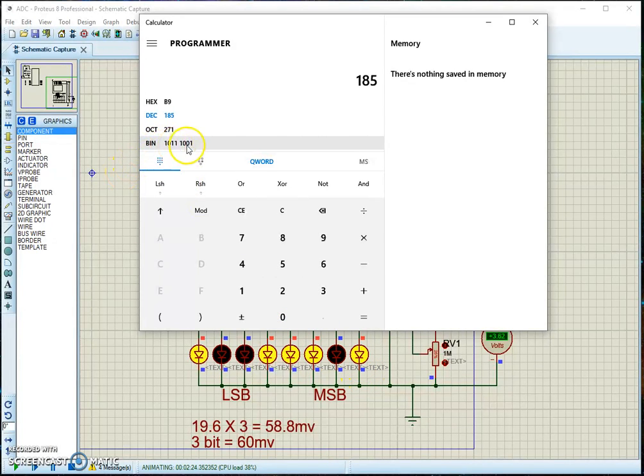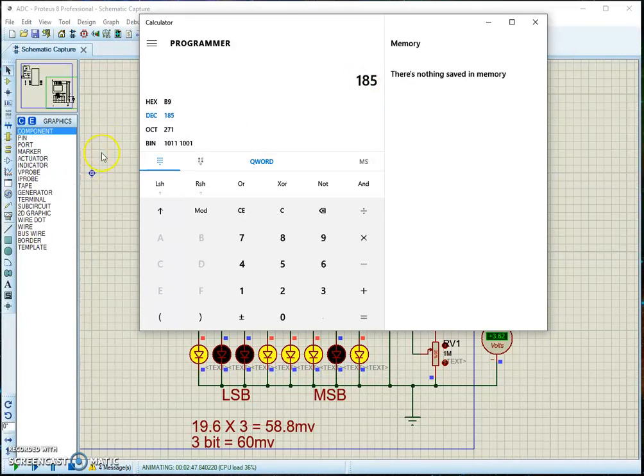So MSB, LSB: 1011 1001. So this shows that the conversion is happening, and it's following just the basic rule of 3.62 volt divided by 19.6 millivolt, and I get 185.